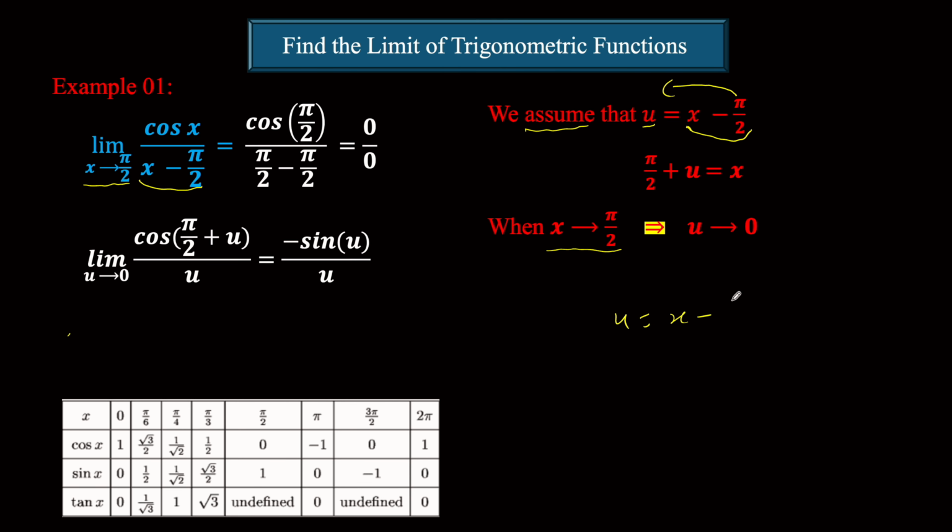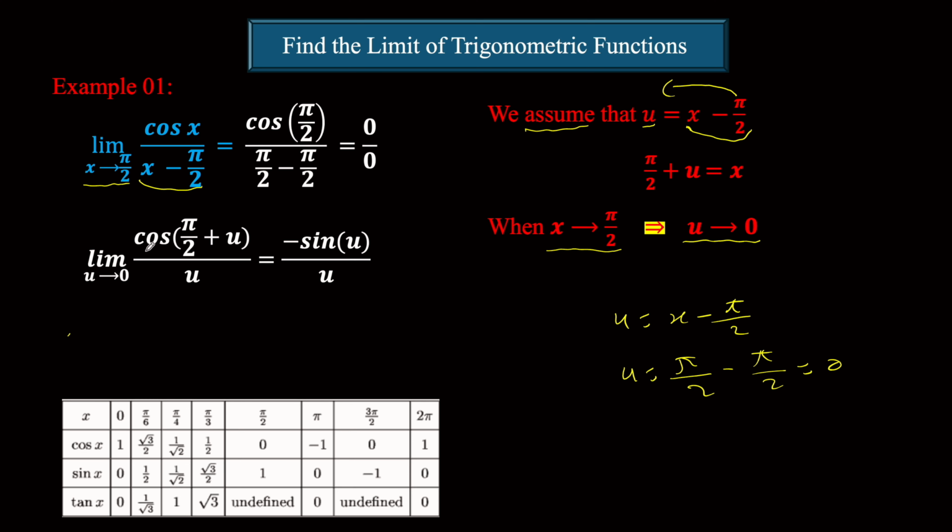So u is equal to, we substitute x by pi over 2 from here. We have x approaches pi over 2. So pi over 2 minus pi over 2 is equal to 0. So in the context of limits, we say u approaches 0, okay?